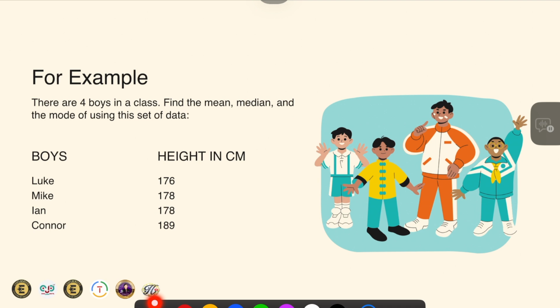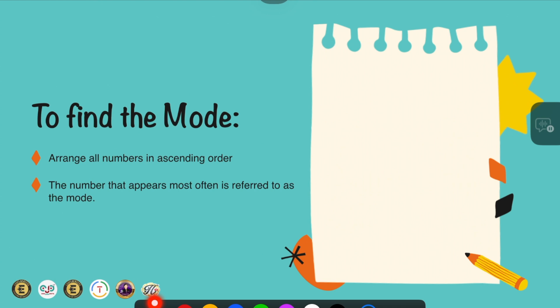We will start with how to determine the mode. To find the mode, we must arrange all numbers in ascending order. Then the number that appears often is referred to as the mode, the number that occurs the most times.